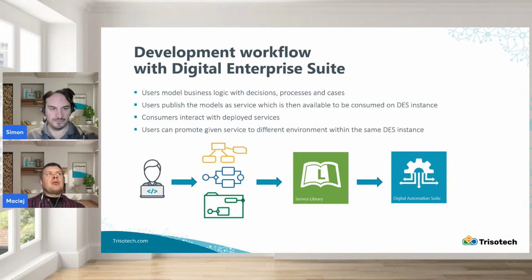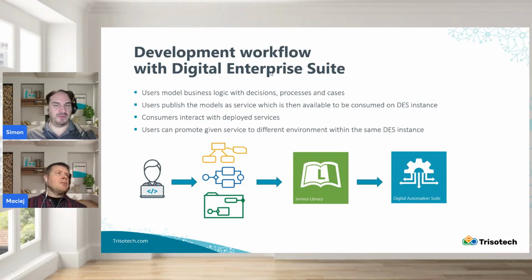Once you are ready to start automating those, you can publish or deploy those models, and they become services, but they are deployed on the digital enterprise suite instance as well. So they are co-located with where you model them. As soon as you have those deployed, you can interact with them through the service library and the interfaces of the service, and that can be easily shared with the end users. As an additional step, you can then promote this service within the same digital enterprise suite instance between different environments. So that's the basic flow.